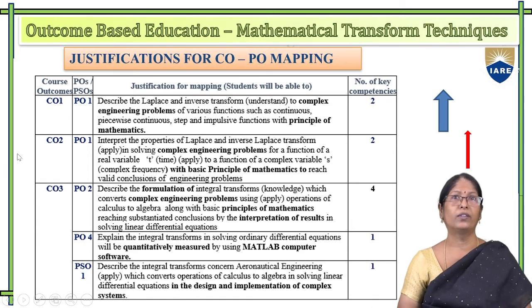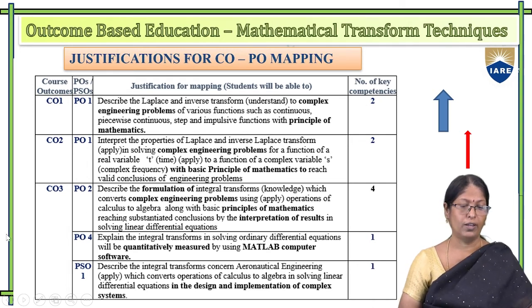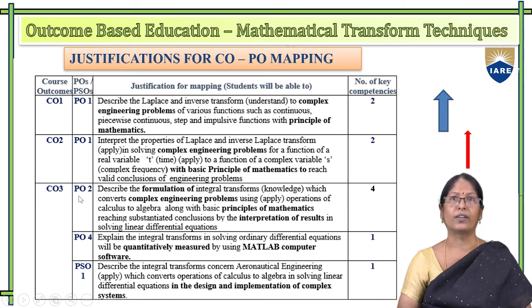In the same way, for CO2, among the 3 elements of PO1, how many does it satisfy? It satisfies 2. The next one is CO3, which satisfies PO2.